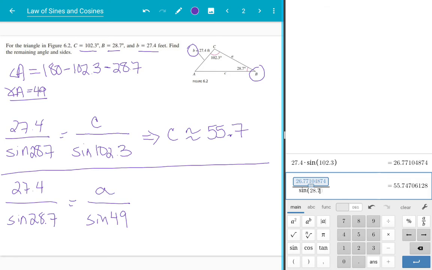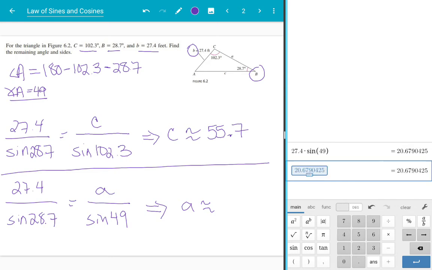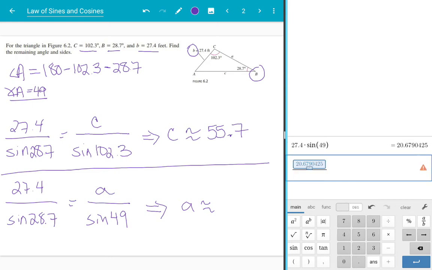Okay, so again, we'll cross multiply here and let's figure out what A is approximately. Cross multiply: 27.4 times the sine of 49. That's going to give us that answer. We're going to take that answer and divide it by the sine of 28.7.